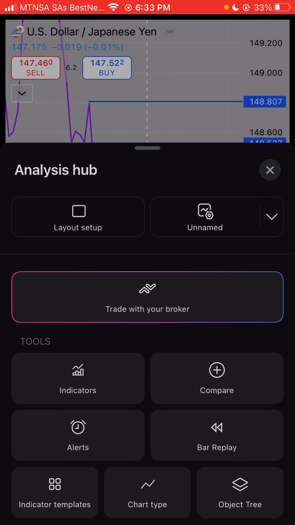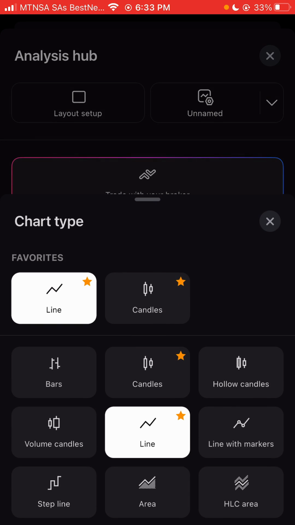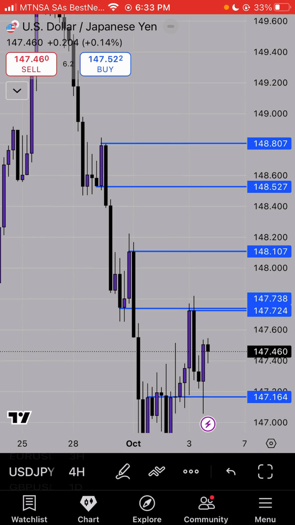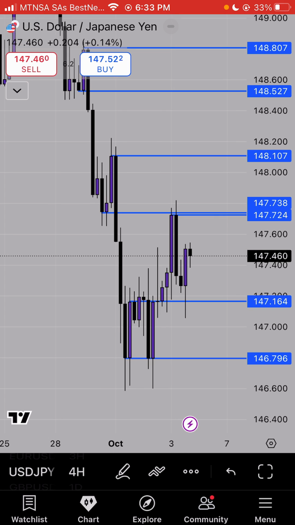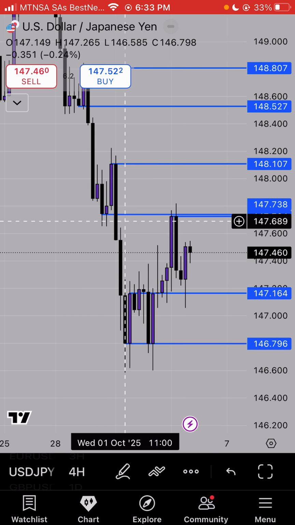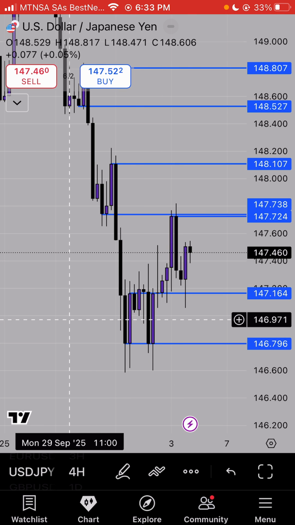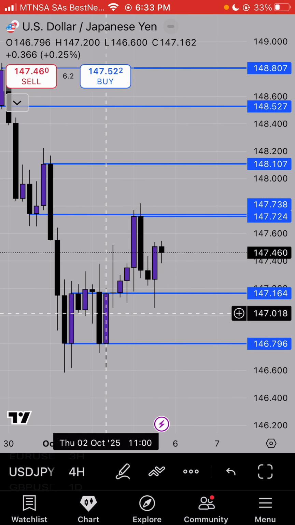Now look what happens when I go back to candlestick. Just like I told you, right? This is how it looks. This is how it will look. So this is your MSNR key levels. For example, look at this beautiful one right here.